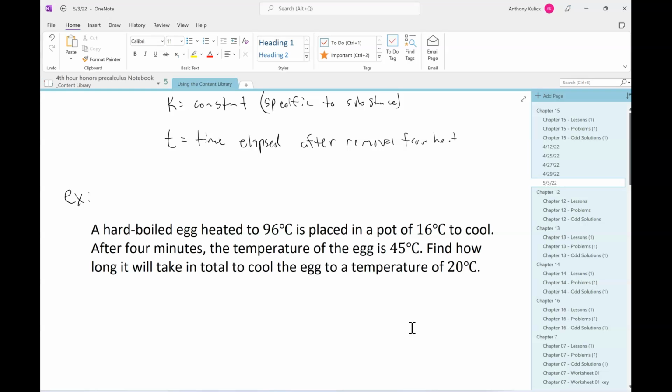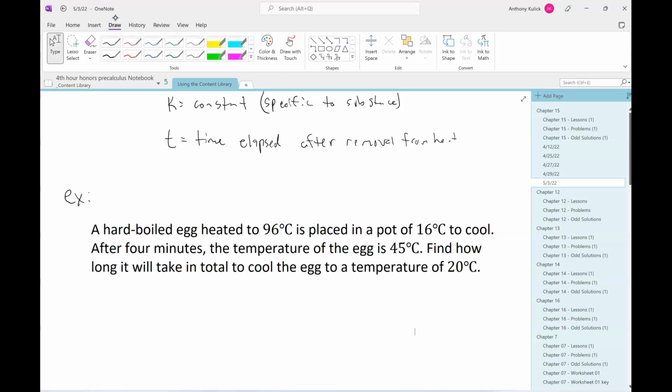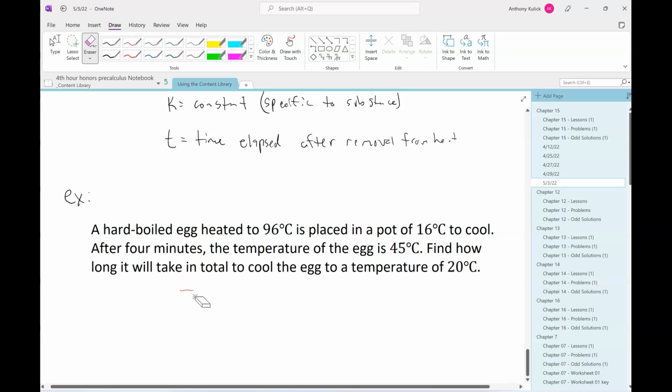After 4 minutes, the temperature of the egg is now 45 degrees Celsius. How long will it take to cool the egg to a temperature of 20 degrees Celsius? Hopefully by reading this, you're in no doubt that we're going to be using Newton's law of cooling here, since we're talking about cooling a boiled egg.